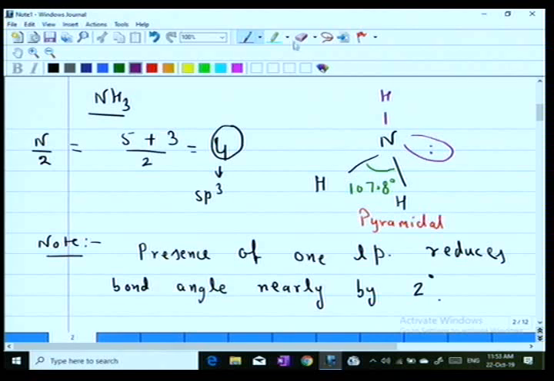See, these are the 3D shapes. If I use it like this, and if I draw this bond like this, even this one will also result in the pyramid. Guys, you can put any atom anywhere, the shape will remain the same.